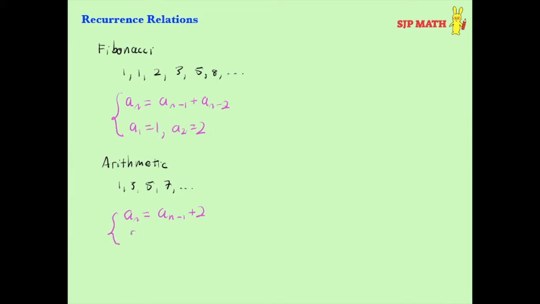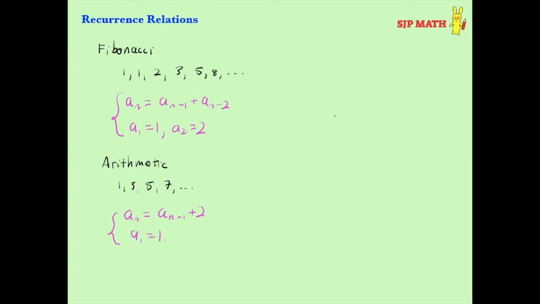And again, the base case would be a_1 equals 1. So these two count as recurrence relations, and this is a very good example of what a recurrence relation is.